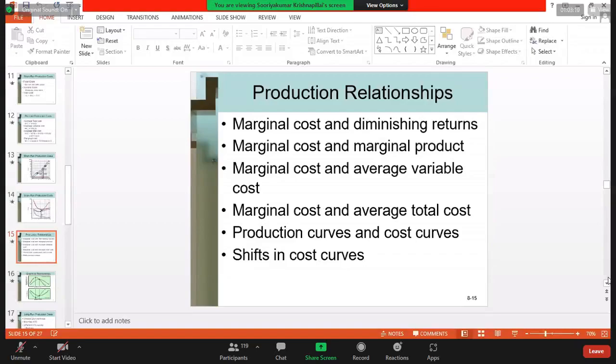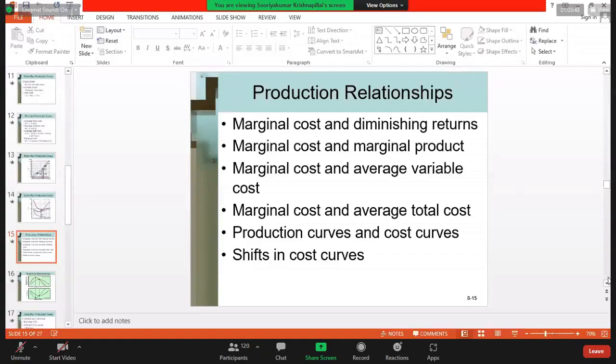So the total production curve shifts up. Productivity increases because of new technology, then marginal product also shifts upward. The average product curve also shifts upward in the production function because productivity increases. If total product, marginal product, and average product shift upward, the cost curves are the opposite: average variable cost and marginal cost shift down.